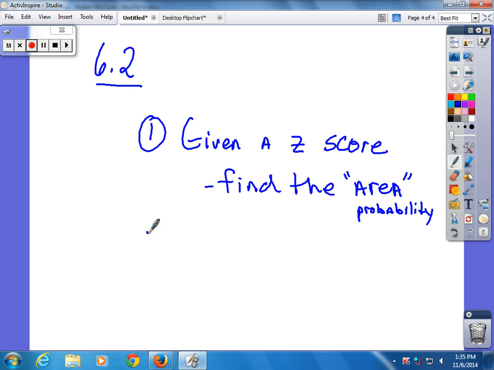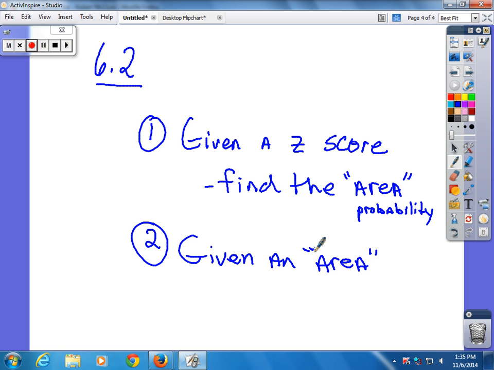The other type problem: given an area or a probability, find the what? Z-score, Hubert. That's right, class. There's the two type problems you're going to have in 6.2.